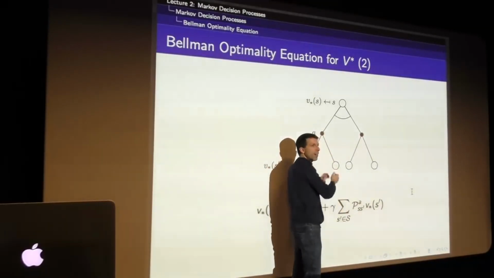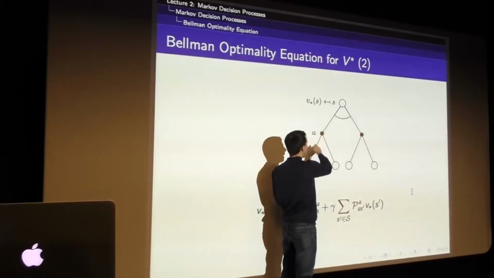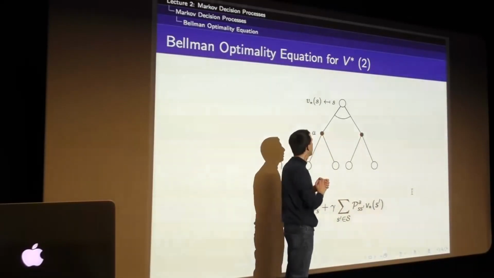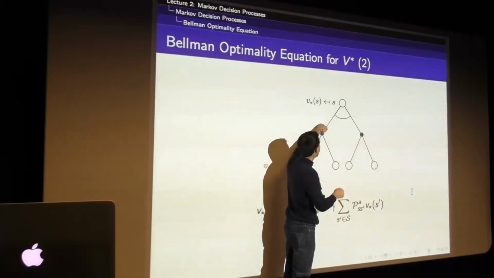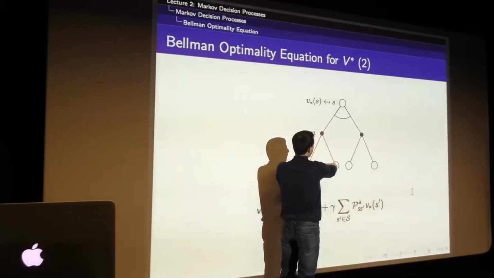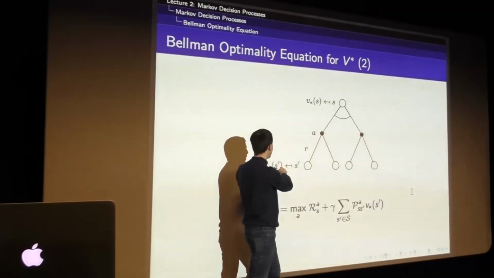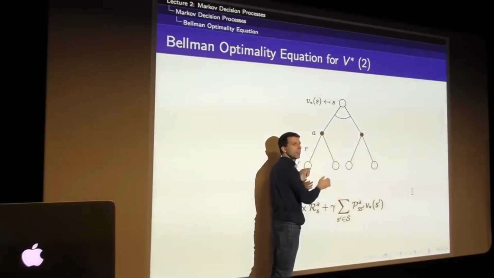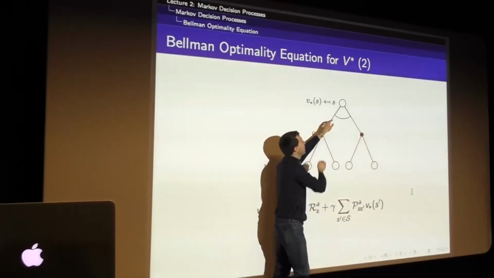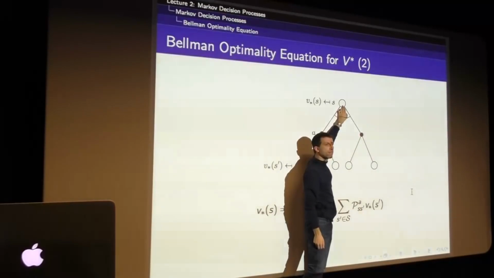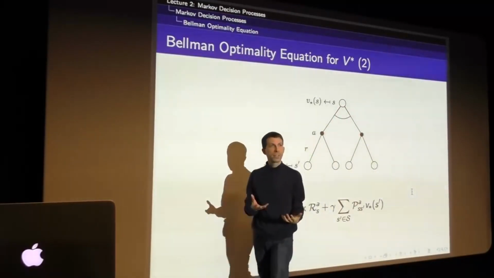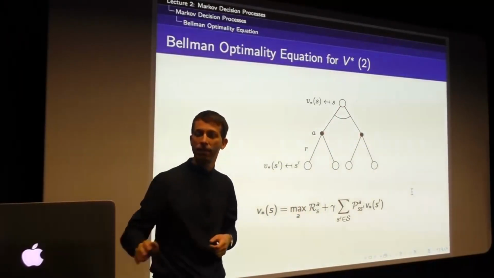We don't maximize over the dice, we don't control the dice. Instead, we average over the dice that the environment can roll. We do this two-step look ahead over our actions from this state and all the things the environment might do to us, and then we look at the optimal value of where we end up. We back these things all the way up, and that tells us how good it is to be in this state here. So that's the Bellman optimality equation for V star.